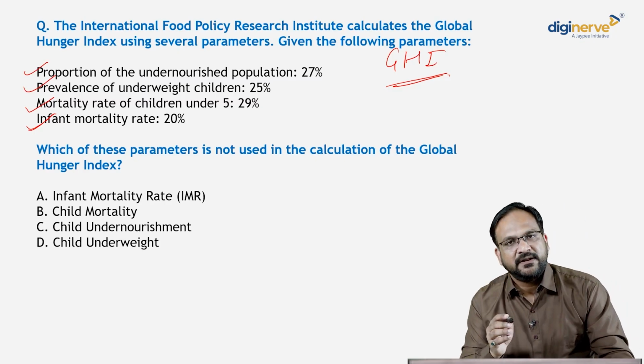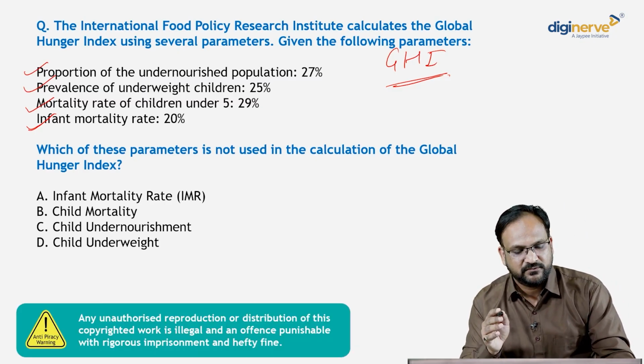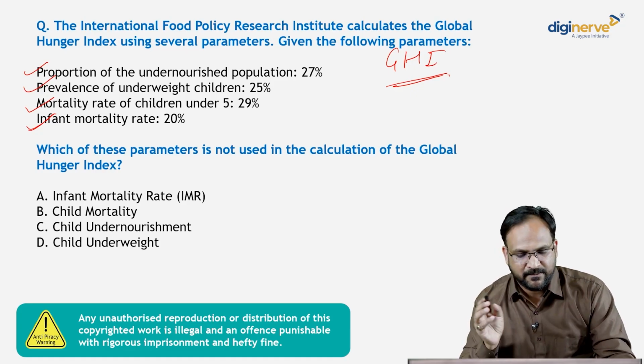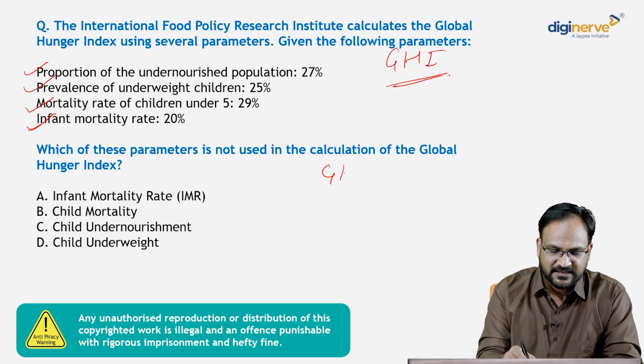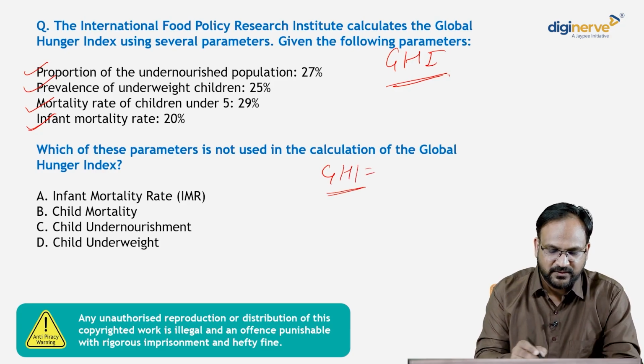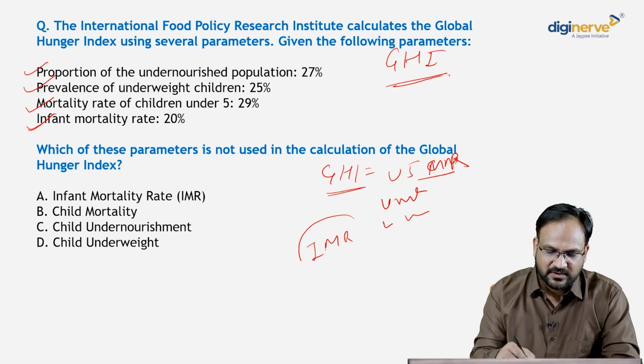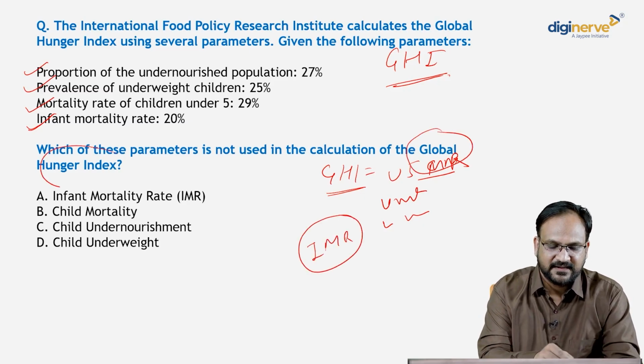Which of these parameters is not used in the calculation of the Global Hunger Index? So it is a rote-learning question. You have to remember that GHI is calculated using under 5 mortality rate, child undernourishment and child underweight. Infant mortality rate is not a part of the Global Hunger Index.